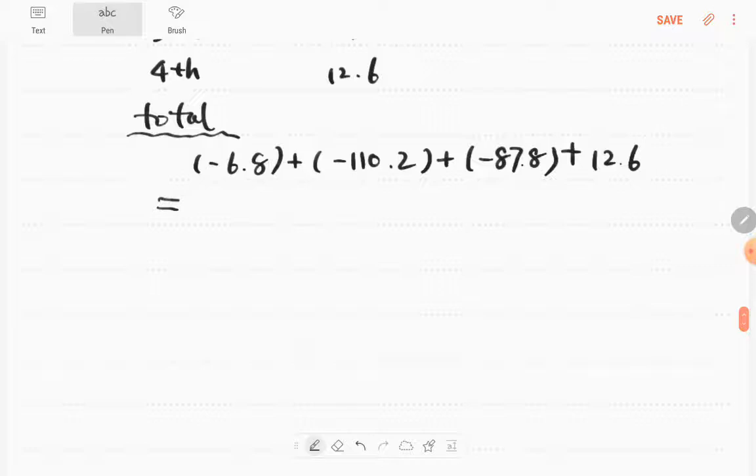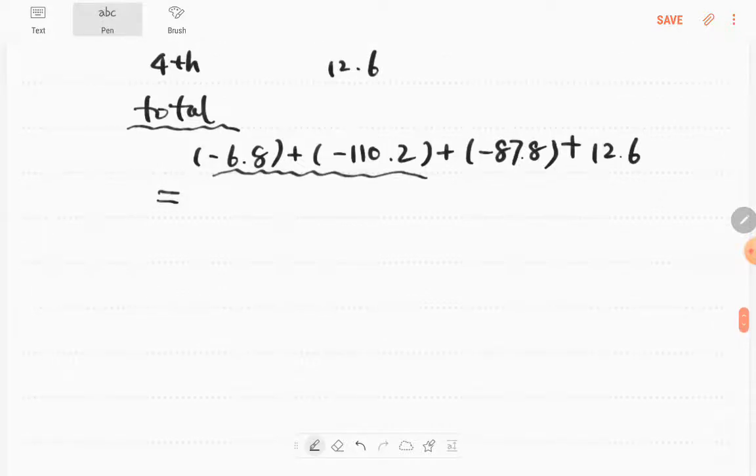So when we check all of these numbers, we realize the answer should have a negative sign, right? Should have a negative sign, because if we add this, we can do it step by step. So we can do it from left to right. First step, we check these two numbers.